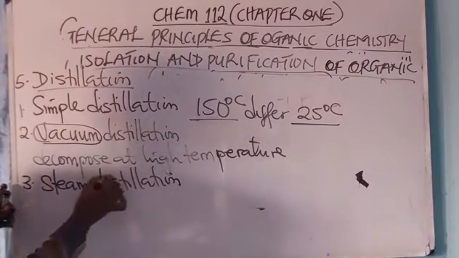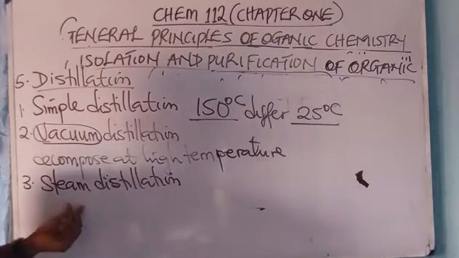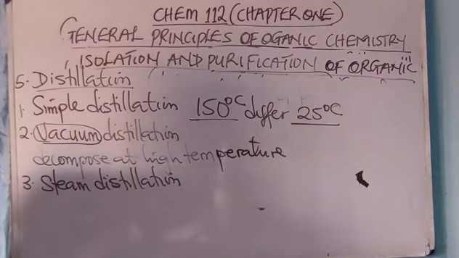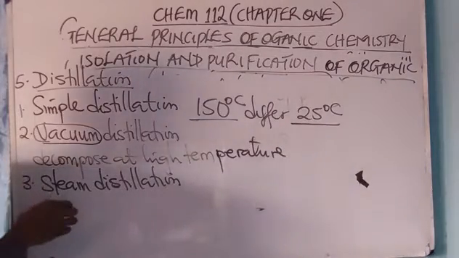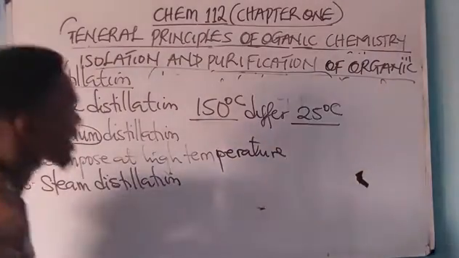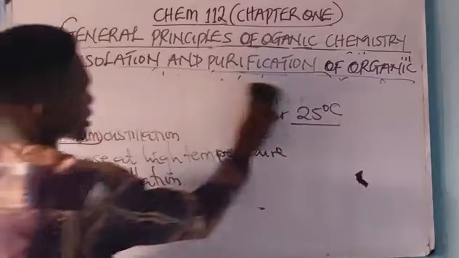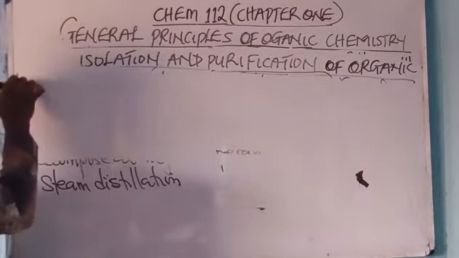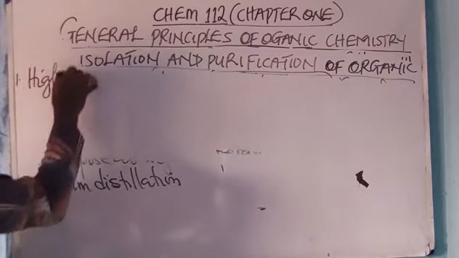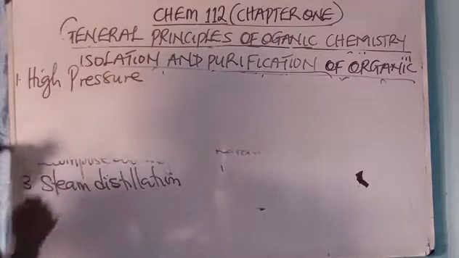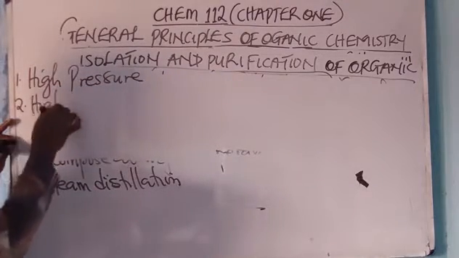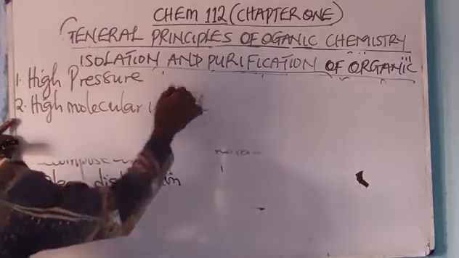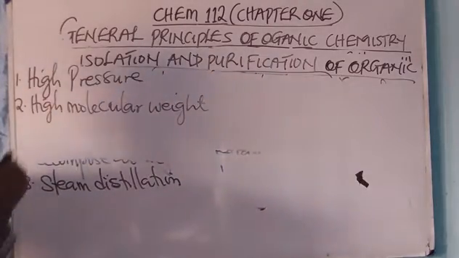As the name implies, in steam distillation the steam is passed through the mixture that is to be separated. The compounds that must be separated through steam distillation must have the following characteristics. 1, high pressure. 2, high molecular weight.